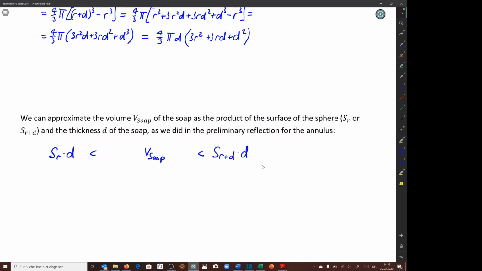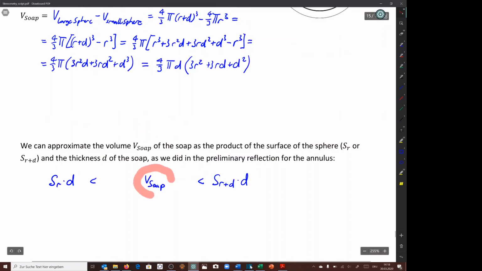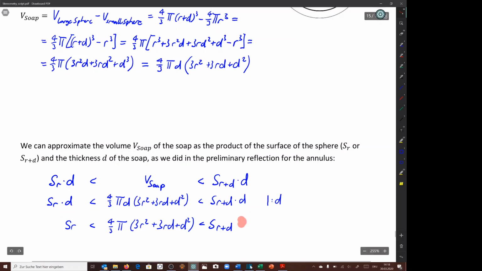On the other hand, when using the surface of the outer sphere, this means the surface with the radius r plus d, times the width of the soap, d, we get an approximation that is larger than the exact volume of the soap. Let us insert for the volume of the soap the formula that we found before. Next, we divide everything by d, and we get this inequality.